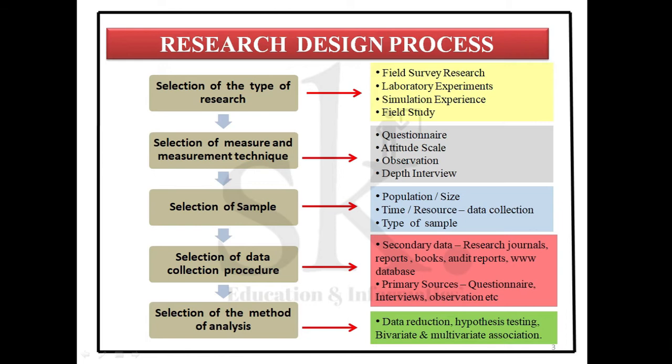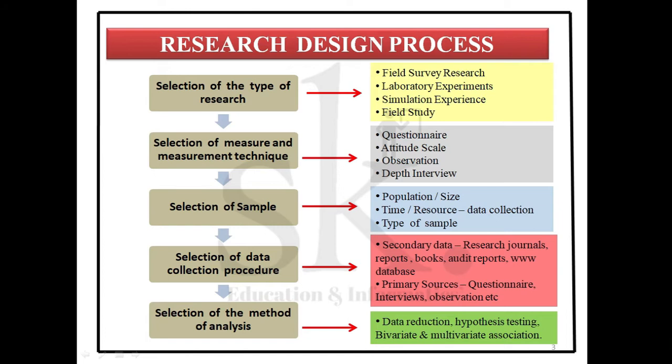Suppose you have defined a problem statement. The question is, how do you meet your objective? To meet your objective, how does the researcher proceed further? You need to understand what decisions a researcher needs to take. How should the researcher go ahead with the research process?